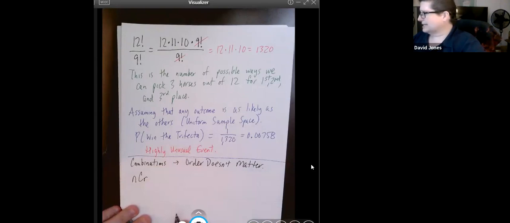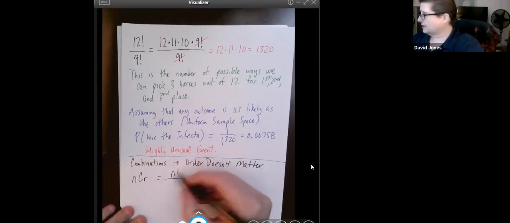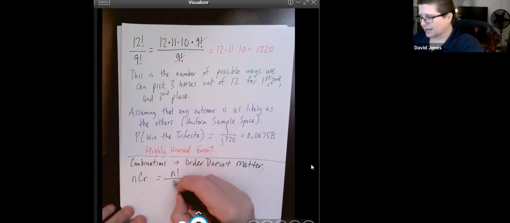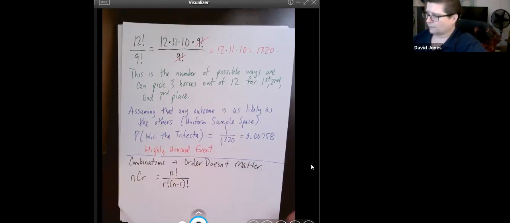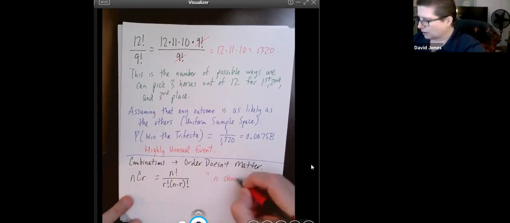We use nCr. This is a calculator button. This is very similar to the permutations. We've got n factorial on top. We've got (n minus r) factorial on bottom, but we also have another r factorial on bottom. And the way we read this is n choose r.